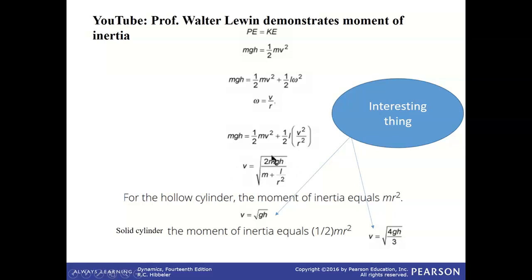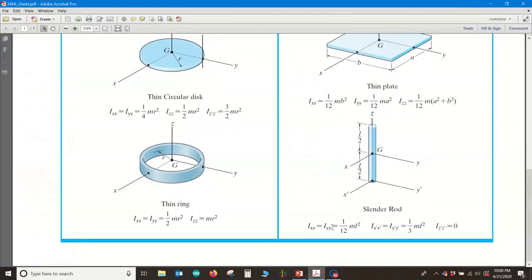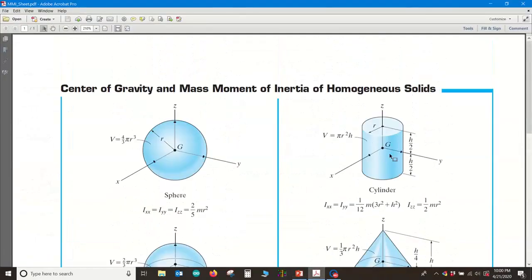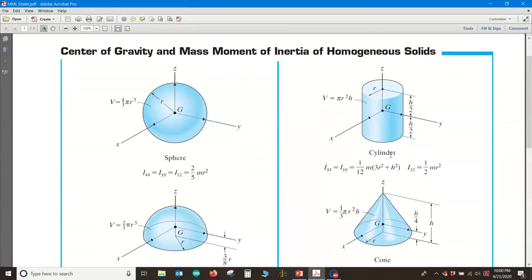Till now, everything is the same for both the objects. So 2mg over m plus I over r square, where I is the moment of inertia and r is the radius of the cylinder. Now, at this point, we need to substitute the equation of mass moment of inertia. This is the equation sheet for different mass moments of inertia.